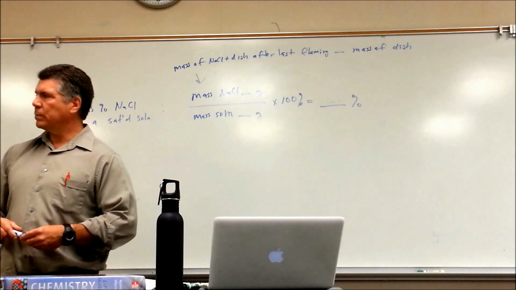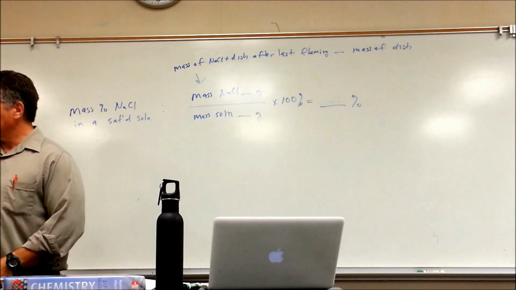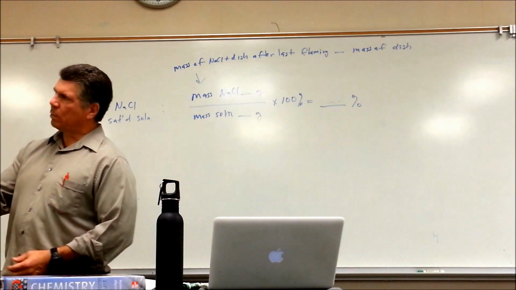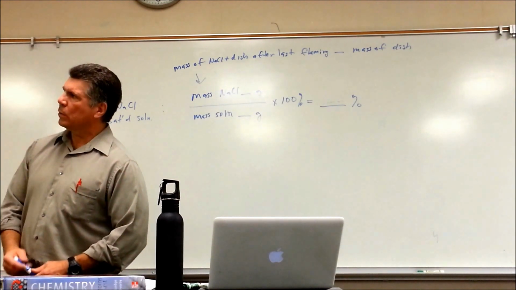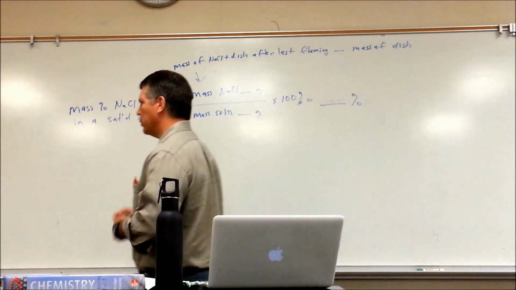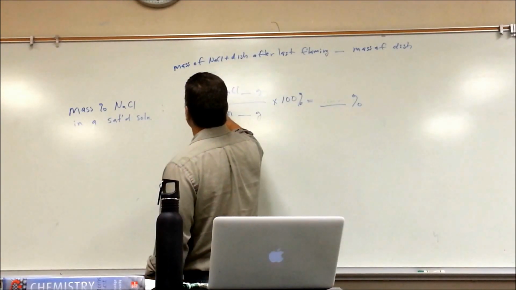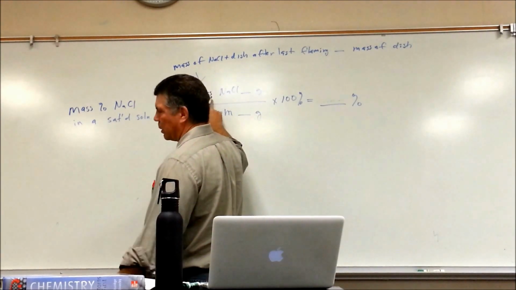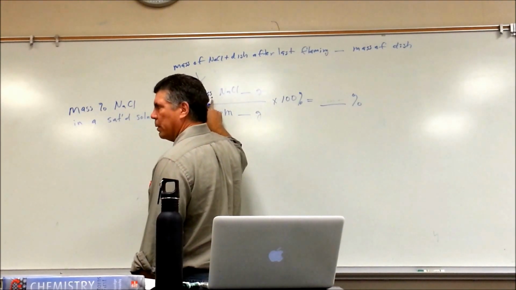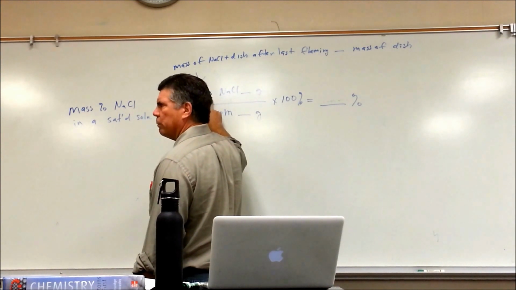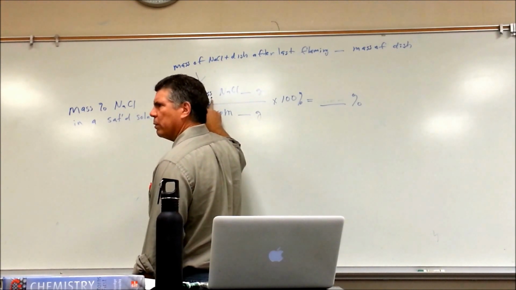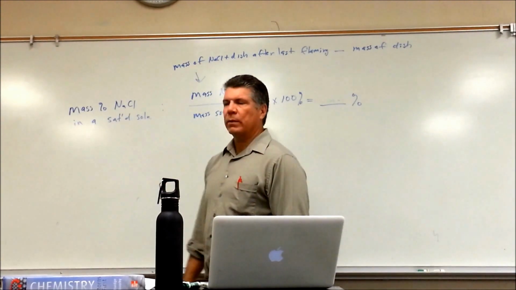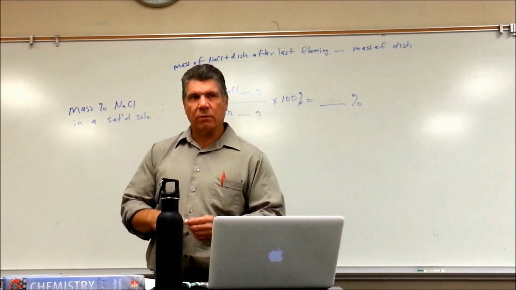A lot of people want to use n equals m over molar mass, but no, because you don't know how many moles you have. These numbers you're just getting directly in the lab. There's no molar mass involved, no moles involved in these calculations. You guys understand it?